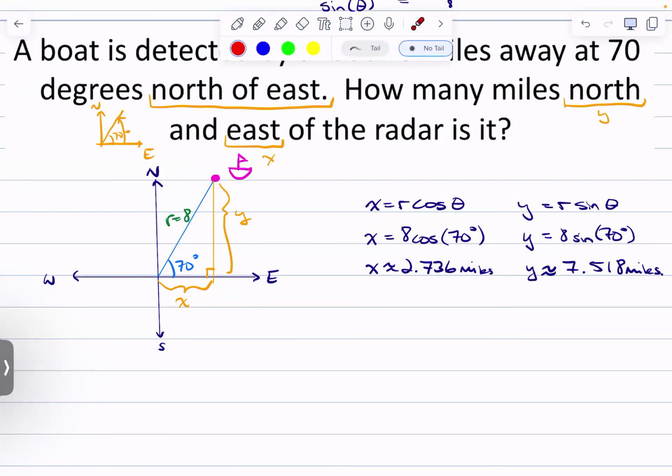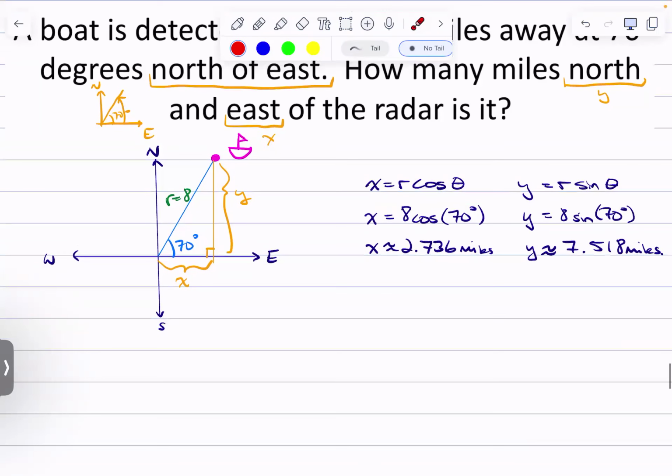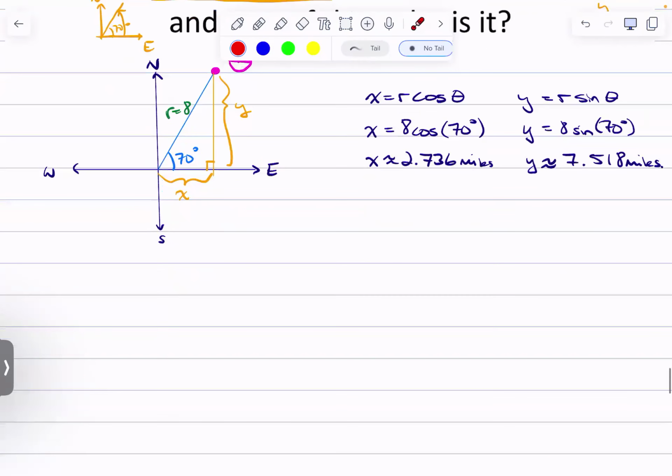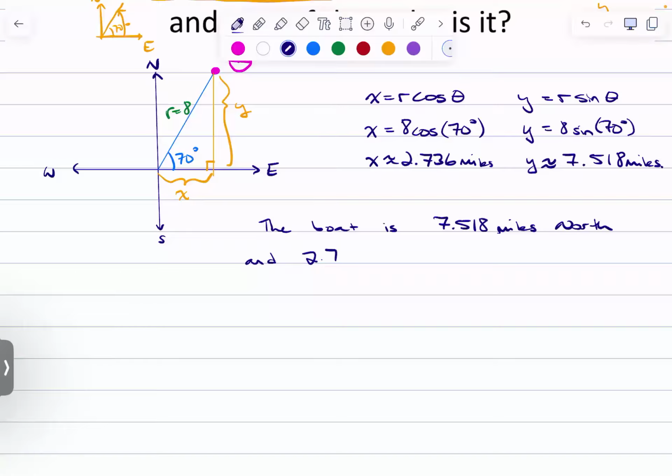So they're the same. So the boat is 7.518 miles north and 2.736 miles east of the radar.